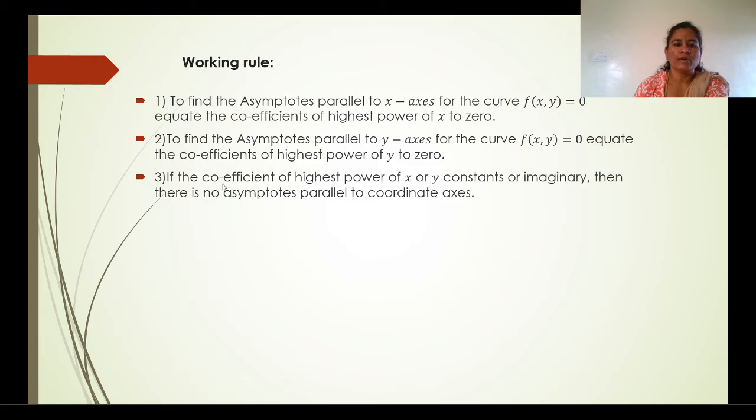Next, if the coefficients of the highest power of x or y are constants or imaginary, then there are no asymptotes parallel to the coordinate axis. These are the three rules we have to follow to find the asymptotes.